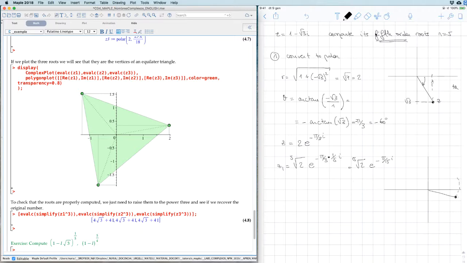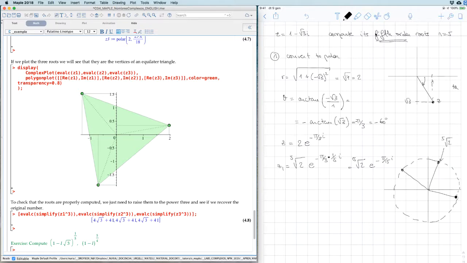Now I know that I have 4 other roots which are placed on the same circle, a circle of modulus the fifth root of 2, and we have to place them equally divided. So now I'm going to do something like this.